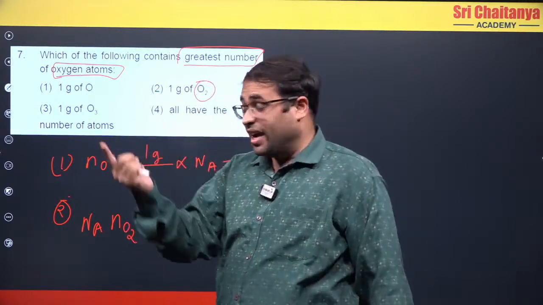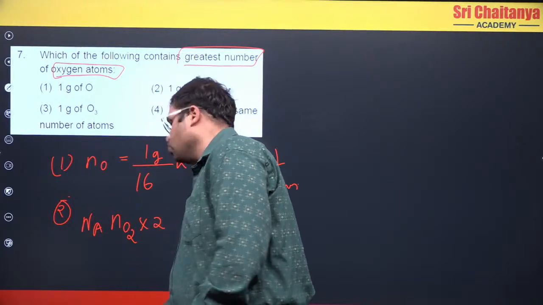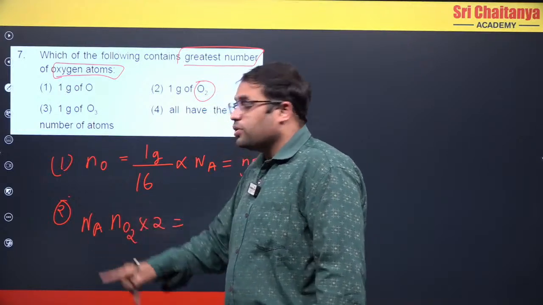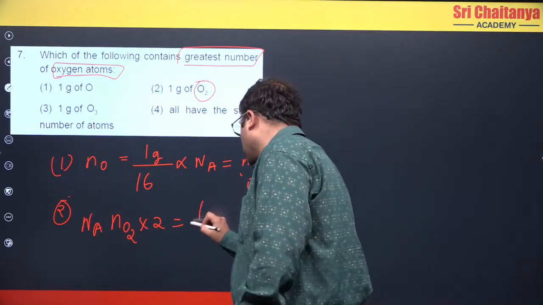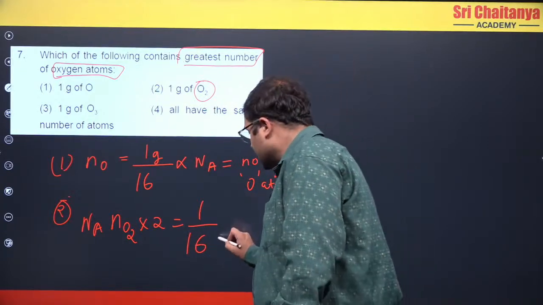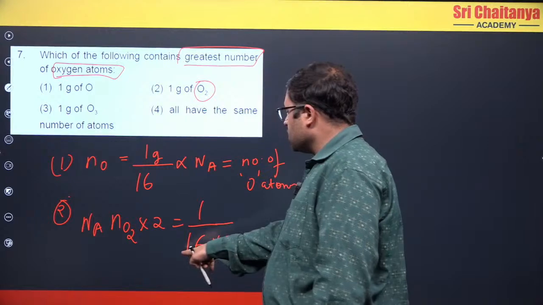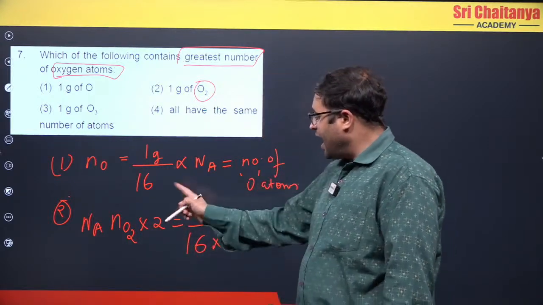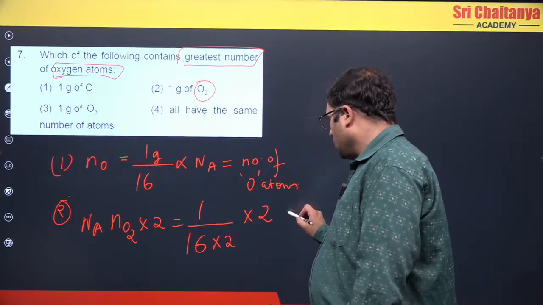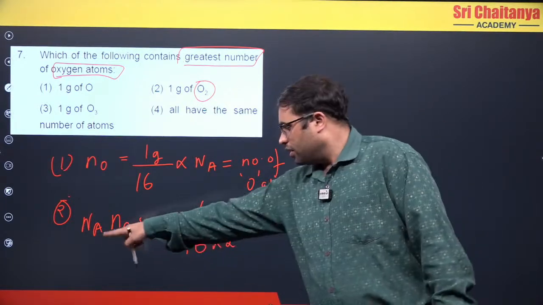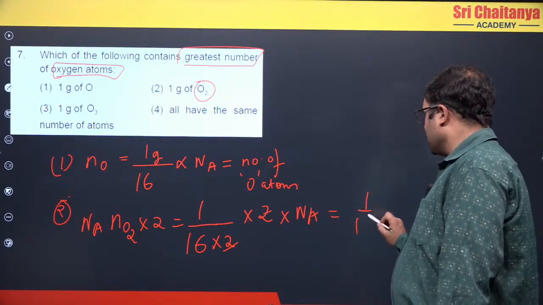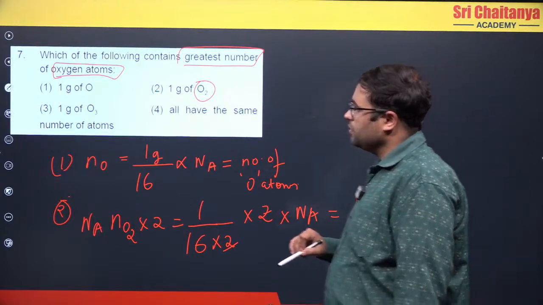So to get oxygen atoms, you need to multiply this by 2 because it is the double value, right? So now the number of moles of oxygen molecules will be 1 divided by 16. Is it 16? No. It is 16 multiplied by 2 because you have 2 oxygen atoms, right? And that itself is multiplied by 2, right? And then Na is there here already. So if you cancel this out, for this option also, you will get 1 by 16 Na as the number of O atoms, right?